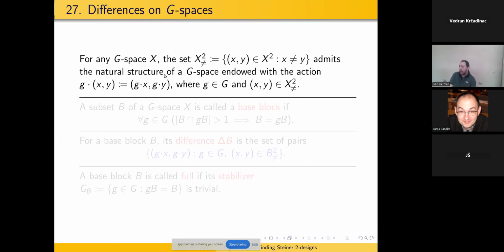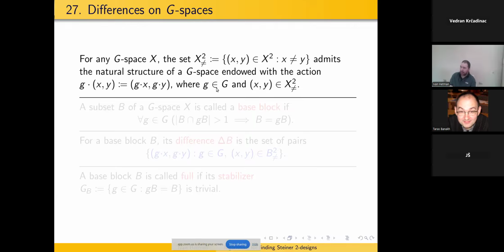For any G space X, this set admits the natural structure of a G space endowed with the following action: when we act on an ordered pair (x, y), we just move this pair to (gx, gy).